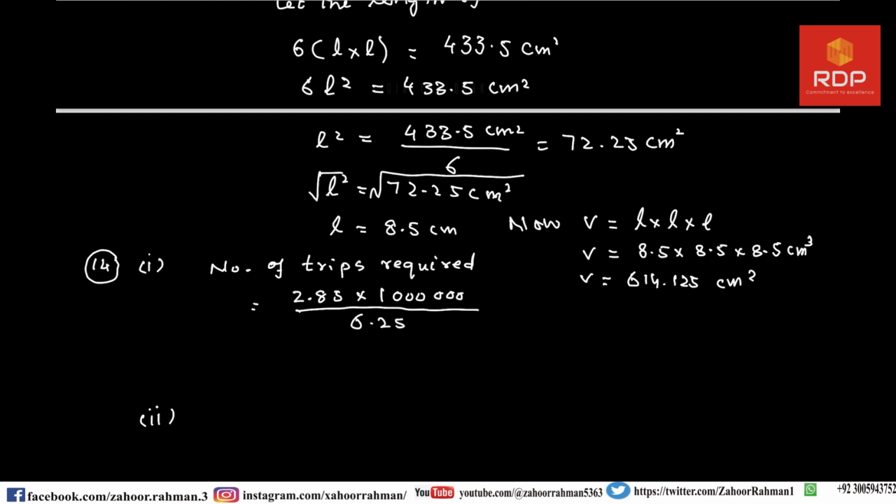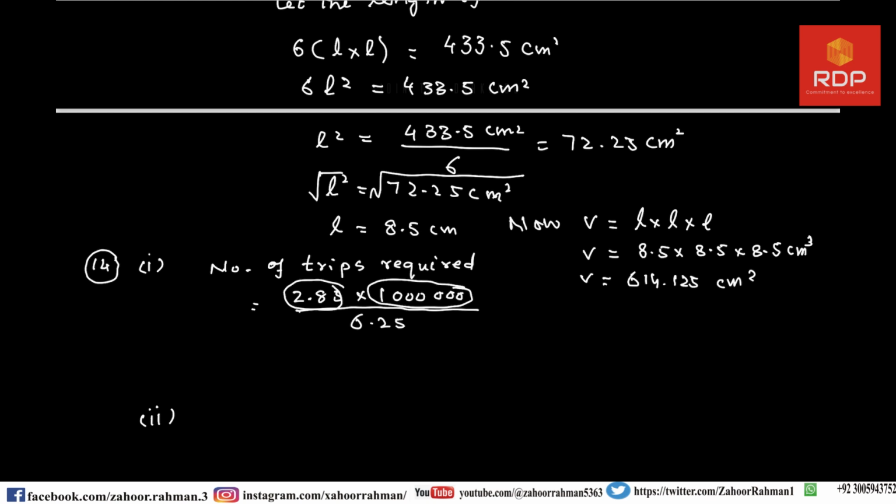Now you will say that from where this million came. In the question they gave us 2.85 million. So we wrote 2.85 and million as the values.